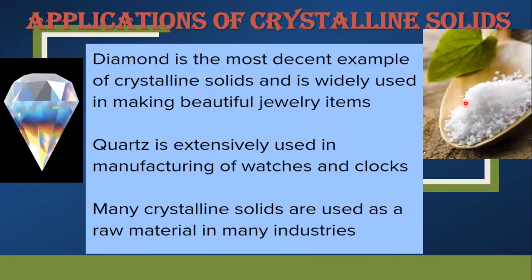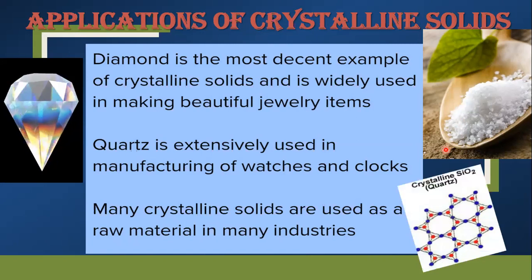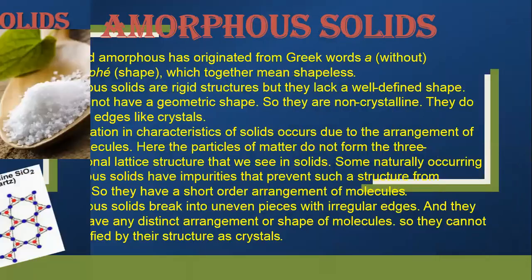An important crystalline solid is sodium chloride. Our food is incomplete without this ingredient. It is the main ingredient of all our food. Our food is tasteless without this. So it is the main use of crystalline solids. It is the most important crystalline solid. This is a picture of crystalline quartz with formula SiO2.